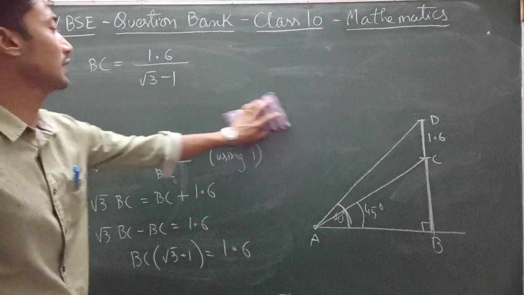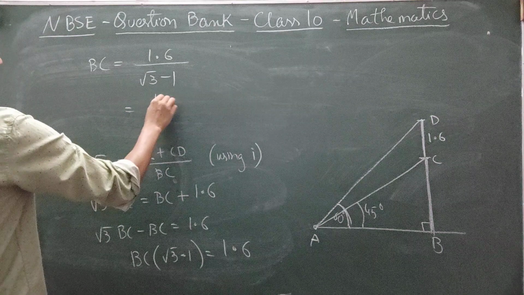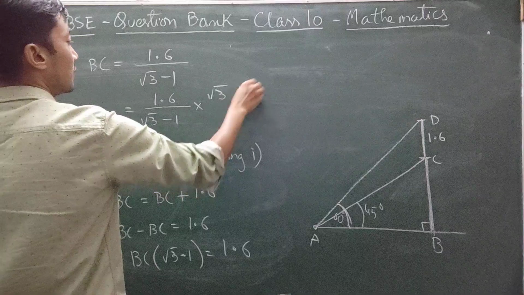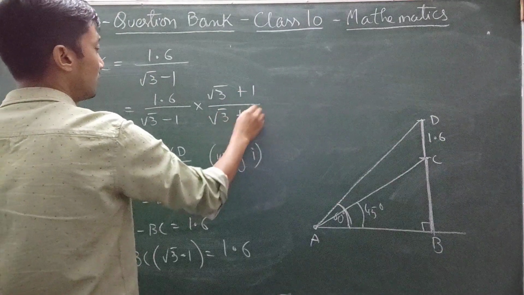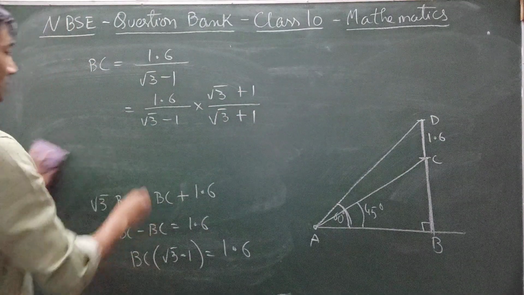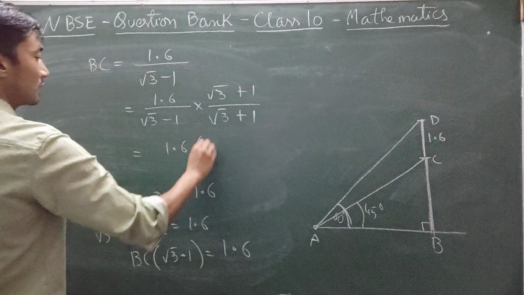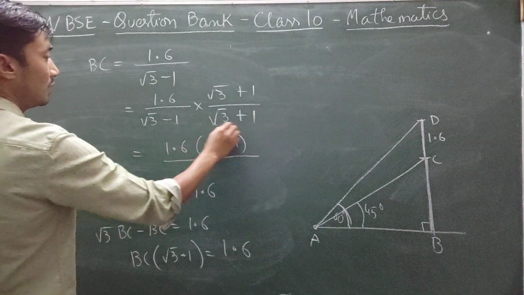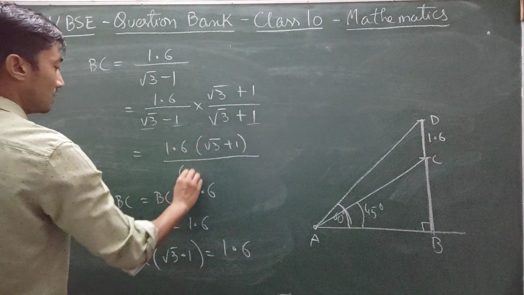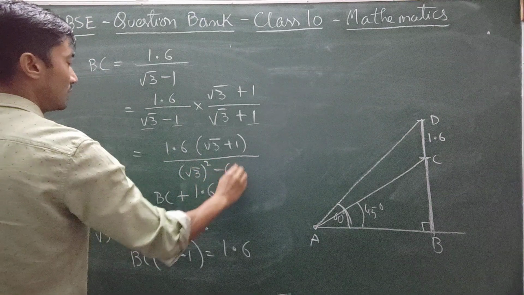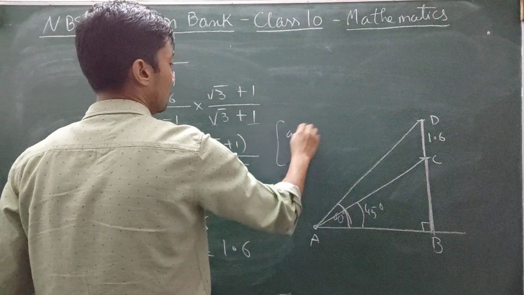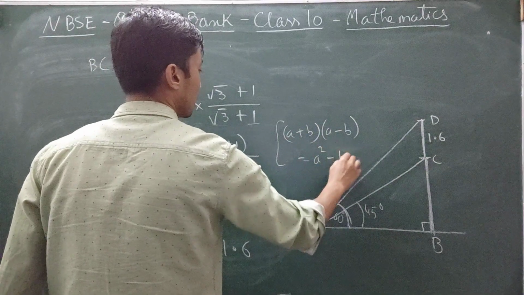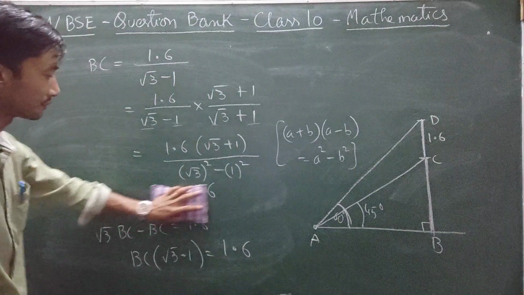I will just rationalize this: 1.6 divided by root 3 minus 1, into root 3 plus 1 over root 3 plus 1. So that's 1.6 root 3 plus 1 divided by a plus b into a minus b, that is a square minus b square.